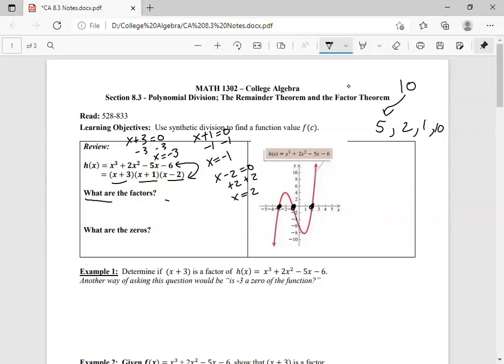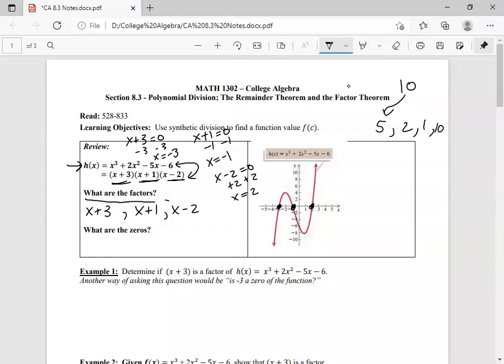So when they say, what are the factors of h of x, well, it's these things. X plus 3 is a factor of h of x. X plus 1 is a factor of h of x. X minus 2 is a factor of h of x, because they go in evenly to that polynomial and they don't have any remainders.